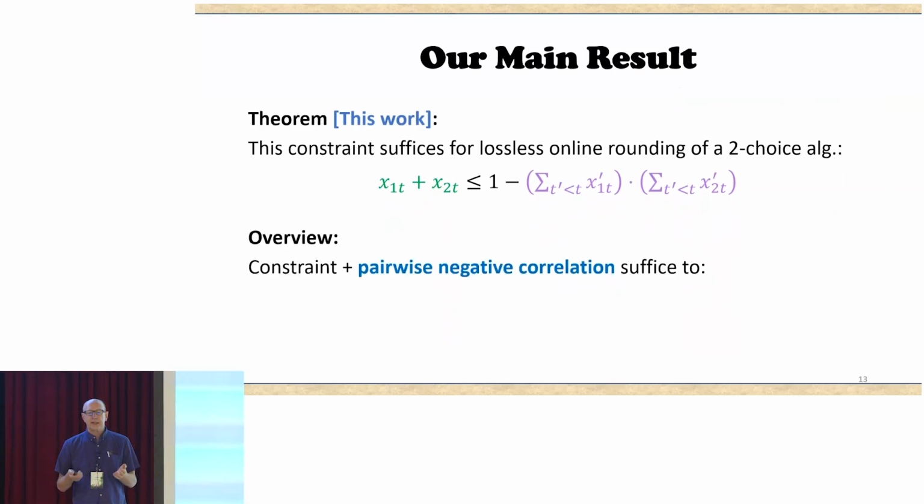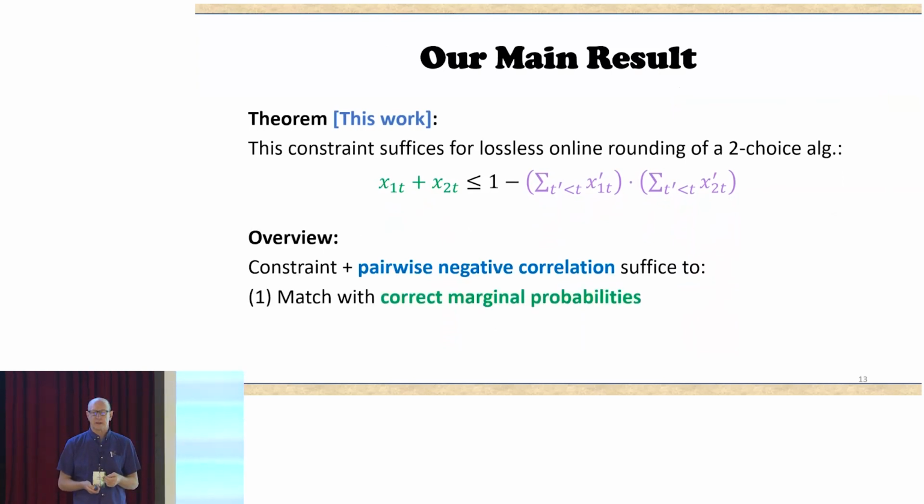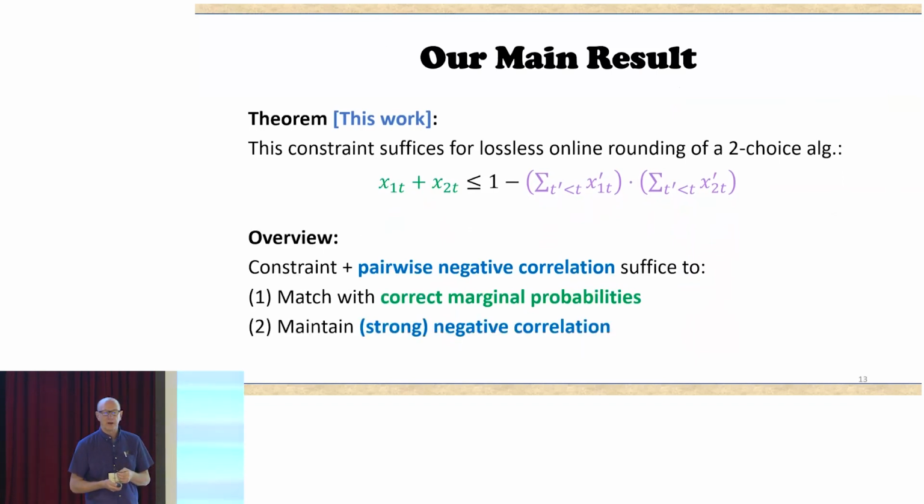And the idea is that if we can maintain this constraint plus pairwise negative correlation, then this is sufficient for first matching with the correct marginal probabilities, meaning lossless rounding, and maintaining this negative correlation for subsequent steps.